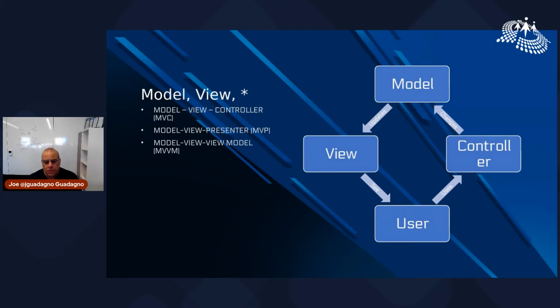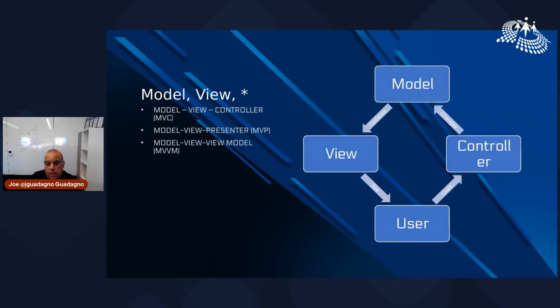It's been popular in the Ruby world and pretty much every other software development language world for a while. There's some variations like the Model View Presenter, or MVP, or Model View ViewModel, which is MVVM in the old Silverlight days and WPF days.